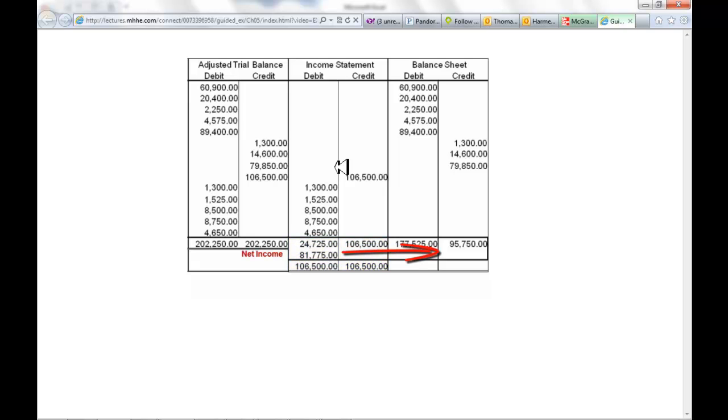Net income is transferred to the statement of owner's equity, which ultimately updates the balance in the capital account on the balance sheet. We debit the income statement columns and credit the balance sheet for the amount of net income, $81,775. Total debits to the balance sheet, $177,525, and the same amount for credits.